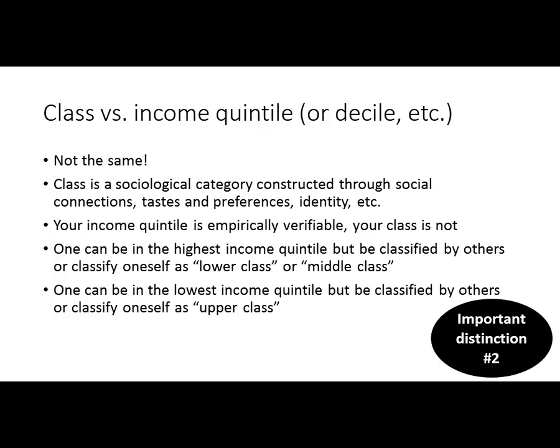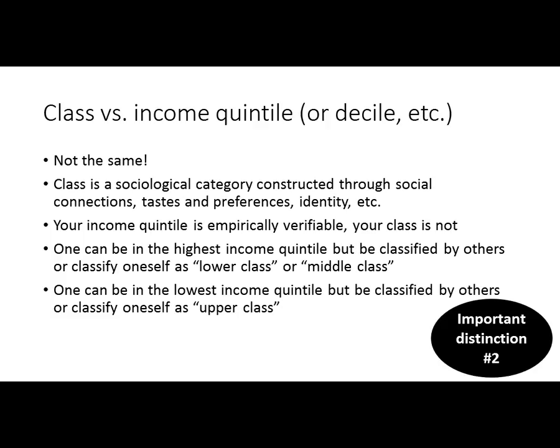We can empirically verify your income quintile. We cannot empirically verify your class. This is a result of meaning making within society. The way in which people make meaning about class and class status is what determines class.